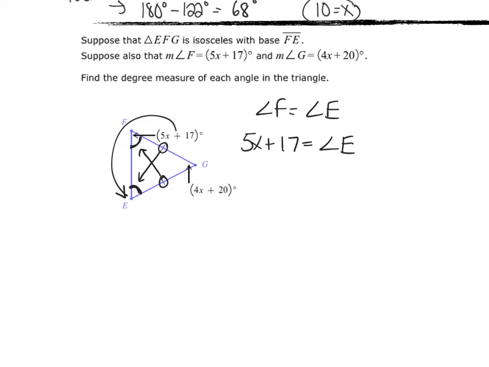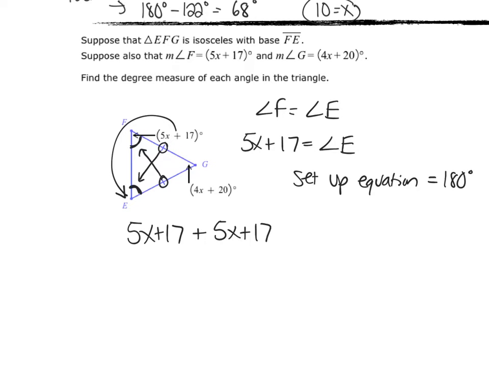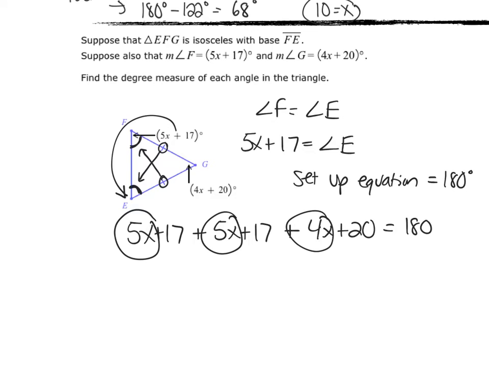So therefore, we're going to put them all together and set up a giant equation where it equals 180 degrees. So we have 5x plus 17 plus 5x plus 17 plus angle G, 4x plus 20, is equal to 180. So combine like terms. We've got 5x plus 5x plus 4x. So that's 14x. And then we've got 17 plus 17 plus 20.